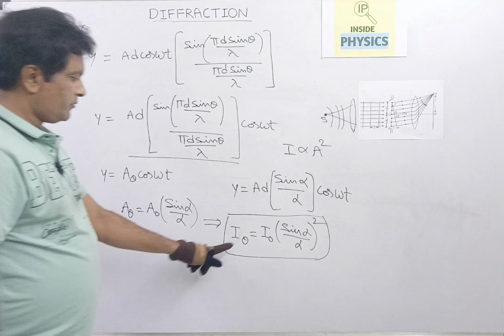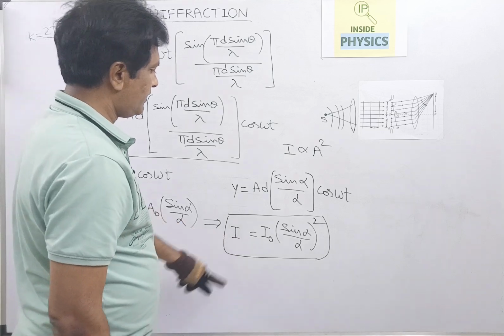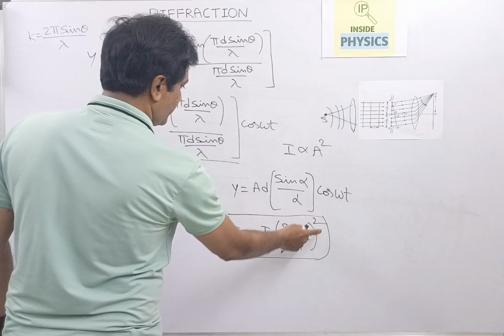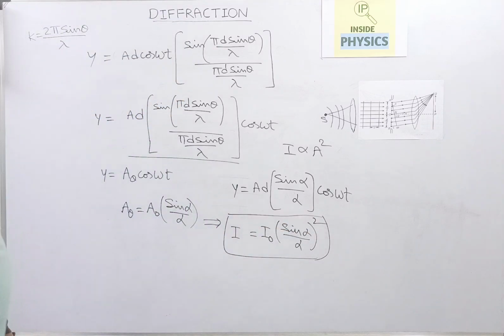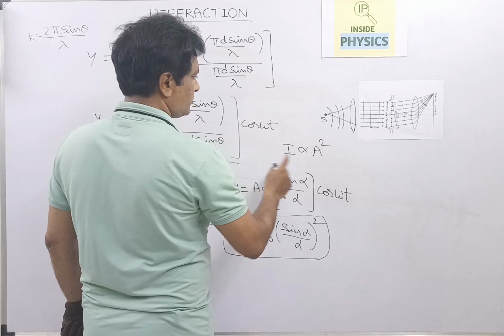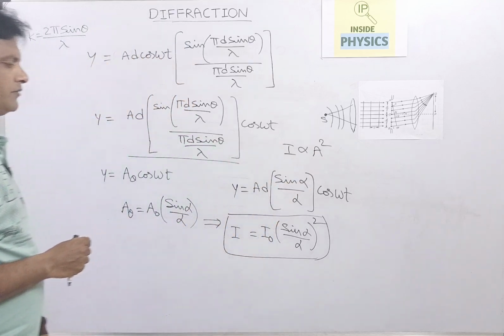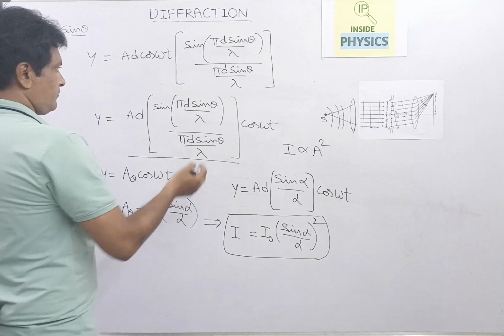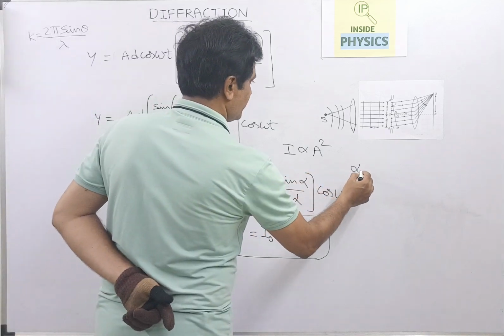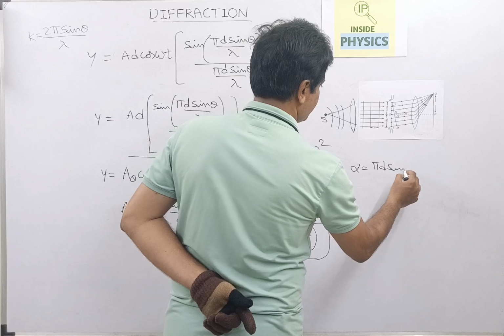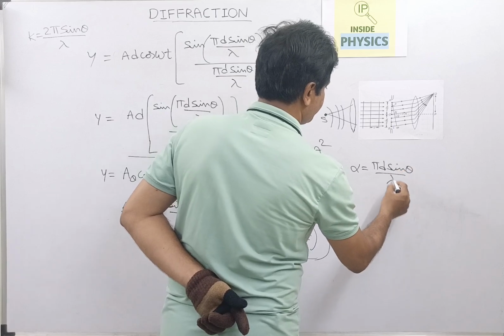So you may have I or I theta, I is equal to I naught. Why I have written square: the intensity of the light is always proportional to the square of the amplitude of the wave. So here alpha is equal to pi d sine theta by lambda.